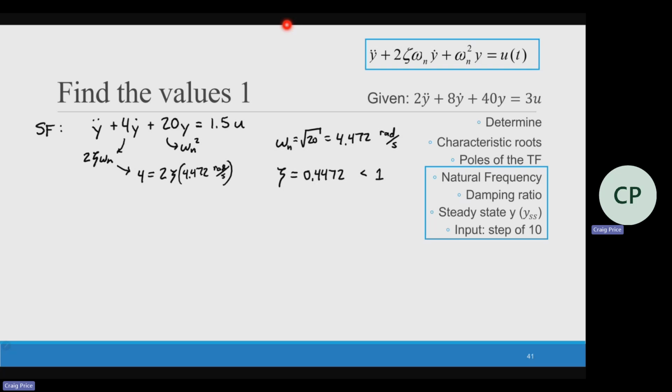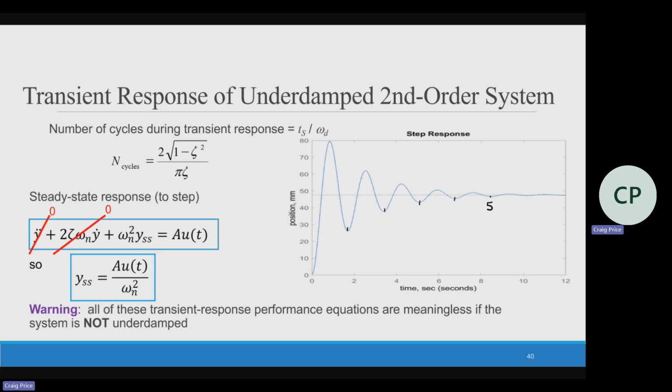So that's how we find the natural frequency and the damping ratio. It is underdamped. We already found the poles before, if you remember. They were negative real complex, so that means there's oscillation. The last thing I want you to find is the steady state, y steady state, of the input. If you need this equation, it's right here on the equation sheet.